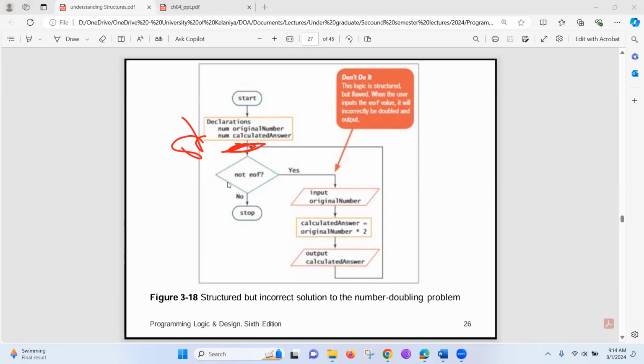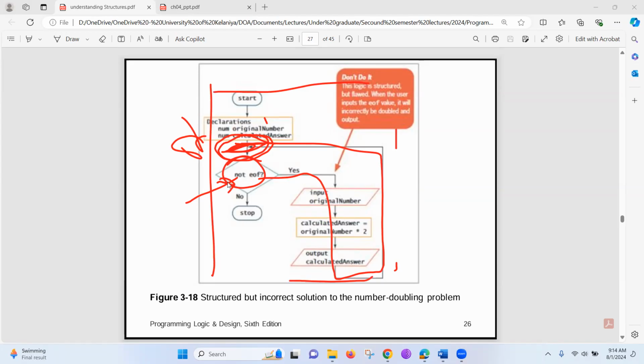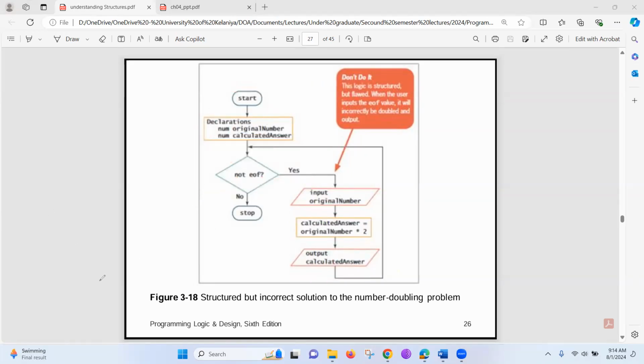If the program takes the wrong number as the end of file number, it shows incorrect values. Why? Because here you don't have the input value or the prime reading. මේක logically okay. මේ ඇදලා තියෙන එක හරියට වැදලා තියෙනවා. But the thing is steps are missing. You need to think.